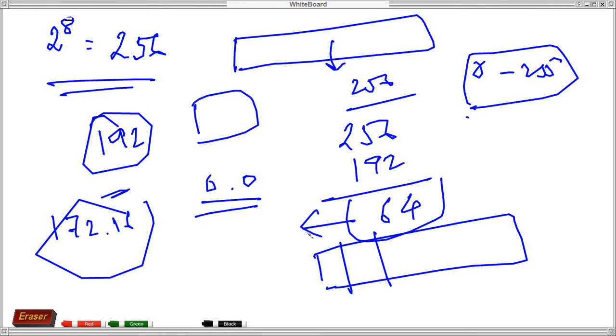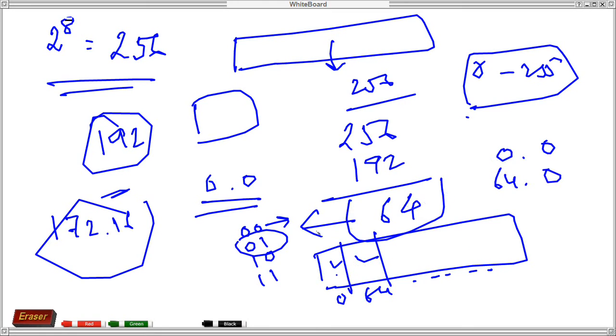If this 2-bit part is varying, what are the numbers I can get? 00, 01, 10, 11. If it is 00, then it has to be 0.0. If it is 01, that means this value is 64, remaining all are 0, so it has to be 64.0.